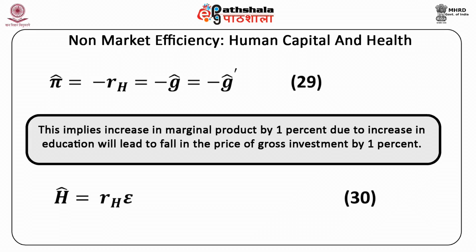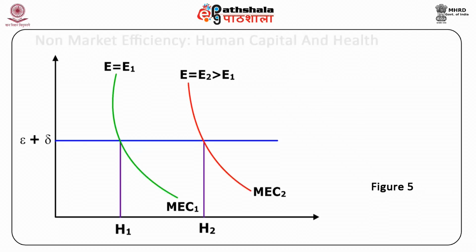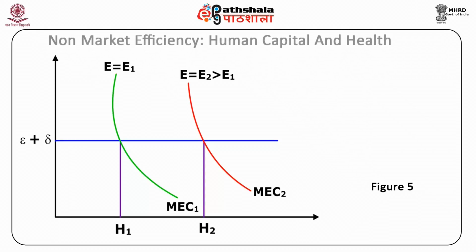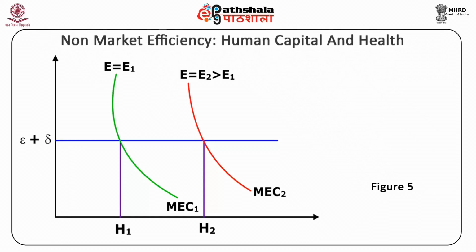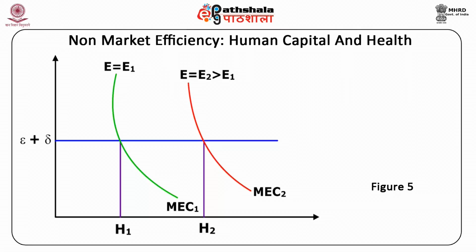So any change in medical care demand basically measures the difference between H hat and RH. Further, more educated individuals will demand more health but less medical care if the elasticity of MEC is less than 1, because M hat is equal to TH hat is equal to RH into epsilon minus 1.